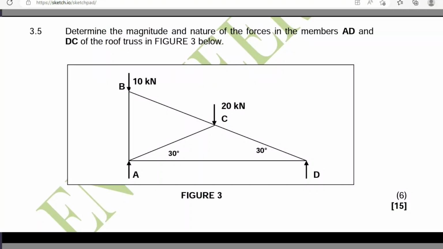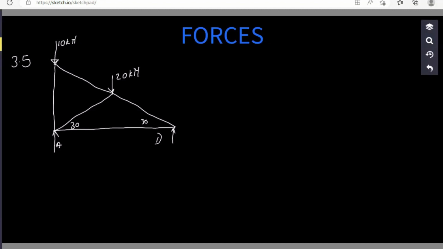They say determine the magnitude and nature of the forces in the members AD and CD of the roof truss in figure 3 below. We are given this diagram in figure 3.